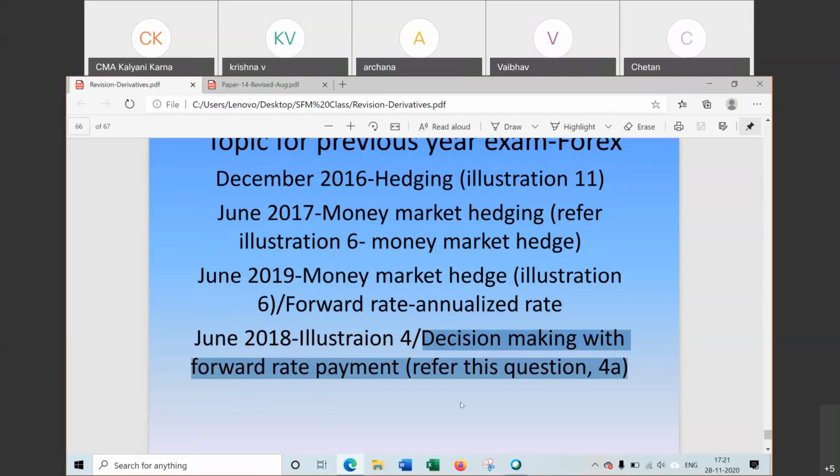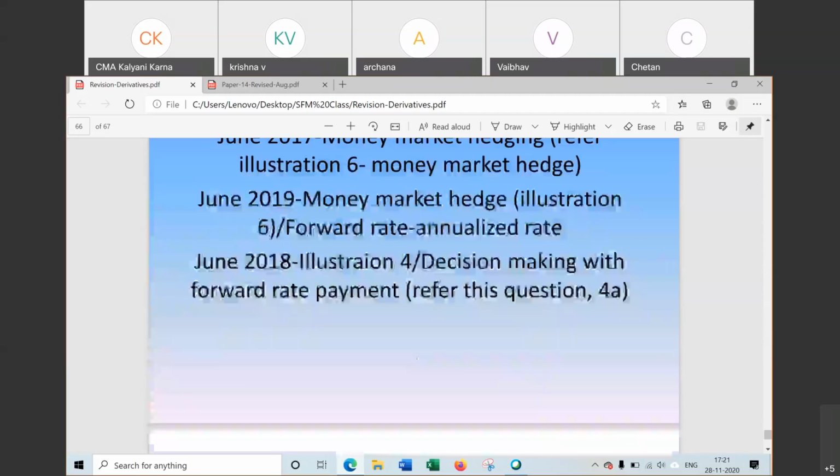Practice this question. This one is somewhat different. However, this is easy. In the book, this type of forward rate payment question is just a part of illustration 11, which has forward rate, option and money market. So a part question of illustration 11 has been asked in June 2018 also.